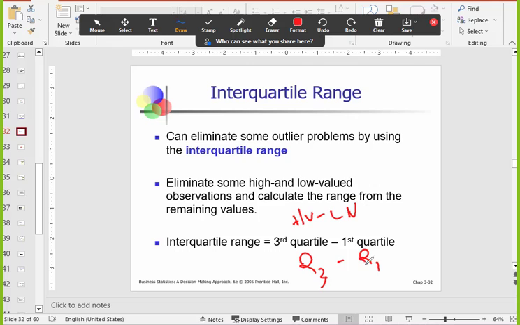Since quartile 3 and quartile 1 are in between the data, for example, if this is the data range, this is the lowest value and this is the highest value, so this might be Q1 and this is Q3. If you subtract them, it will become IQR. Since these values do not have any link with outliers, this value will not change even if the data has outliers.